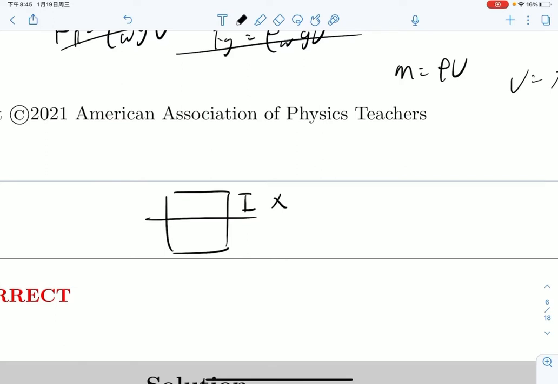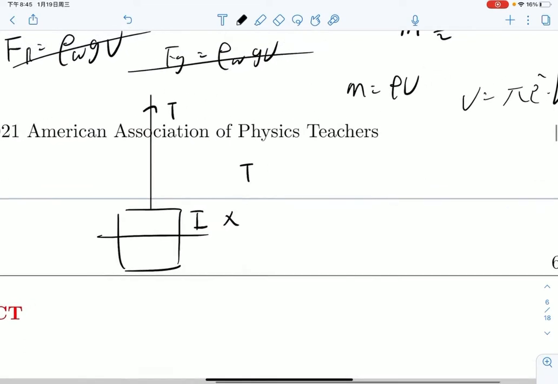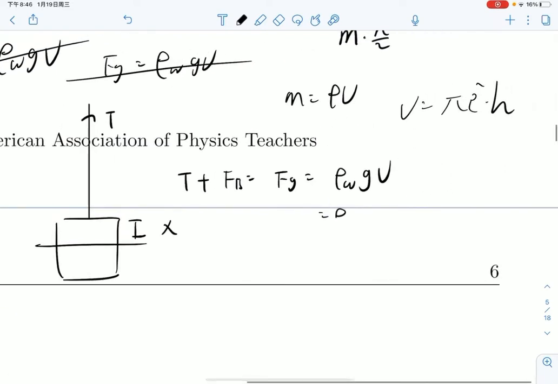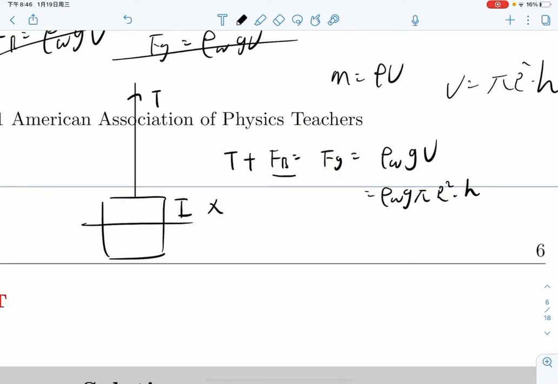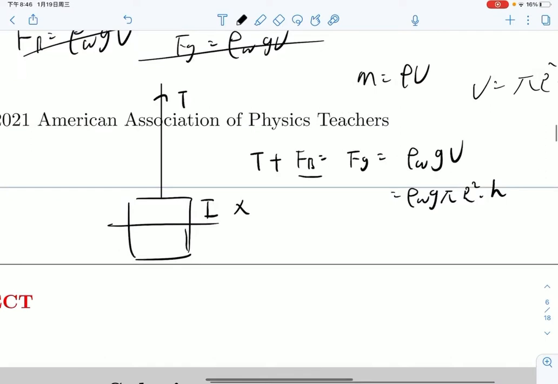You can see the tension, using force balance: tension plus the buoyant force is equal to Fg, which is equal to rho water g V, which is rho water g pi r squared times the total height h. The buoyant force over here is equal to rho water g pi r squared times (h minus x).